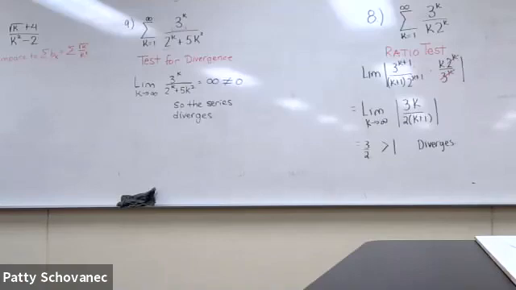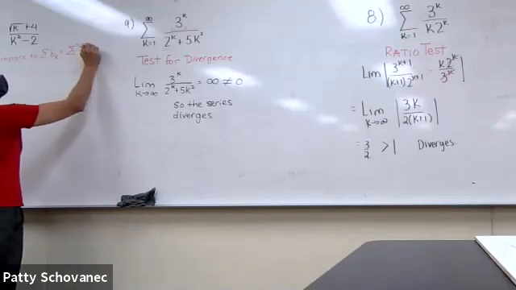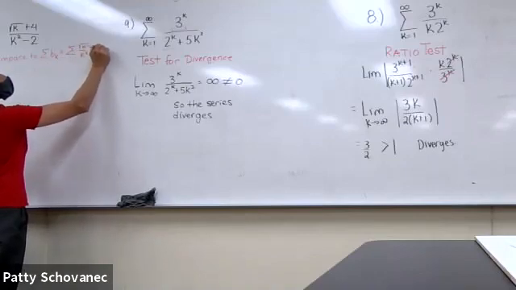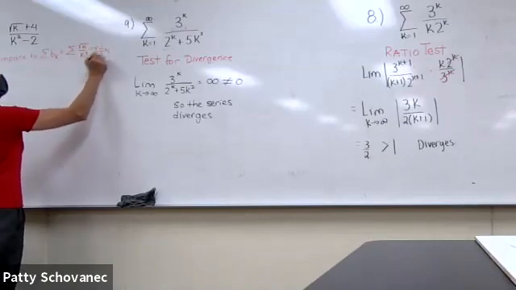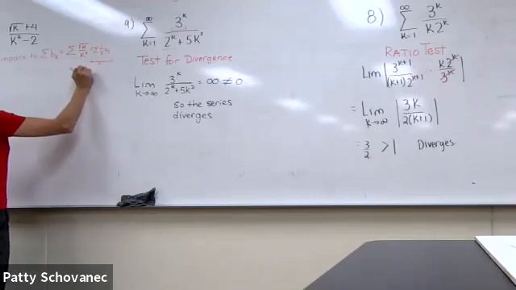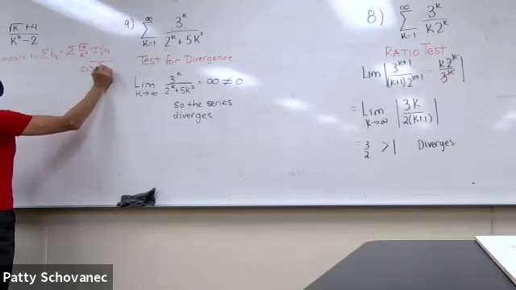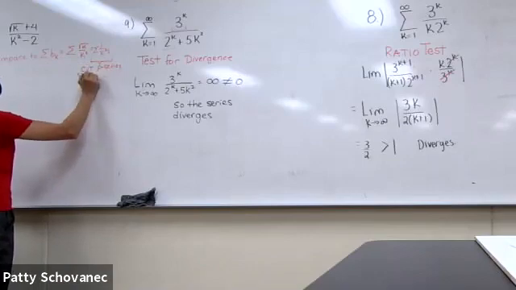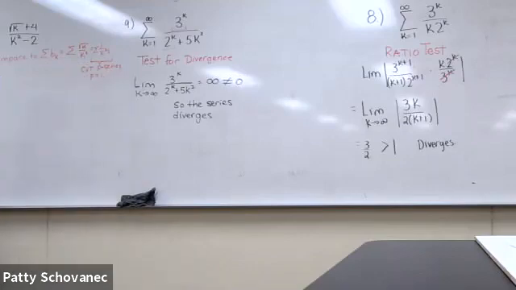I got a k to the 1/2 and a k squared. So 4 halves minus 1/2, this is 1 over k to the 3 halves. So that is a convergent p series because my p is bigger than 1. P smaller or equal to 1 diverges, p is bigger than 1 converges.